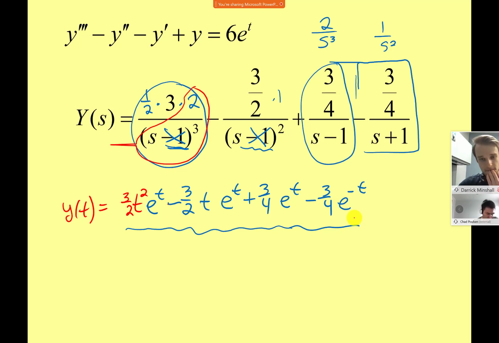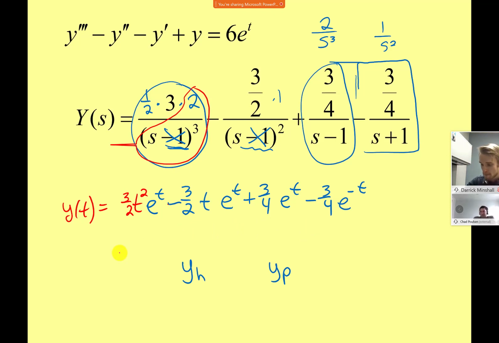And just so I can see if you've got it, can you recognize for me which of this is y of h and which of this is y of particular solution? We didn't factor and solve the characteristic polynomial here, but you shouldn't need to do that. We know that our particular needs to be an e to the t, but look at all those e to the t's in there.